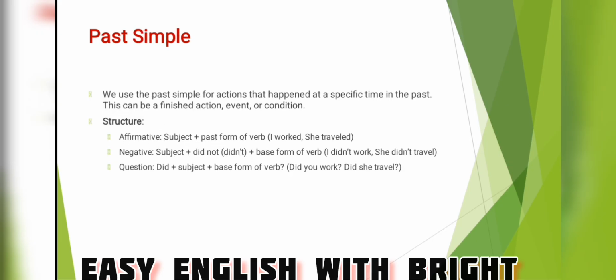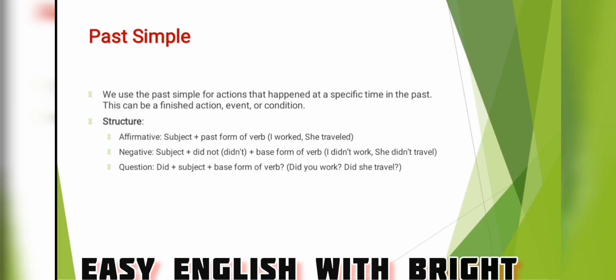Past simple. We use the past simple for actions that happened at a specific time in the past. This can be a finished action, event, or condition. Structure. Affirmative: subject plus past form of verb.